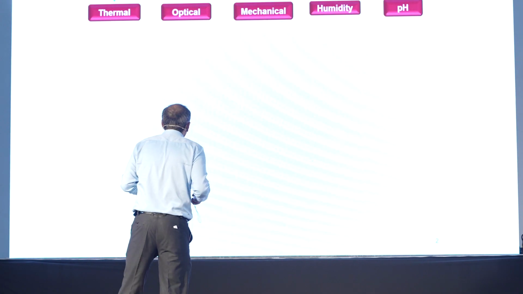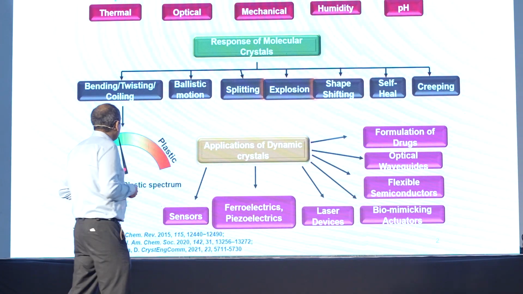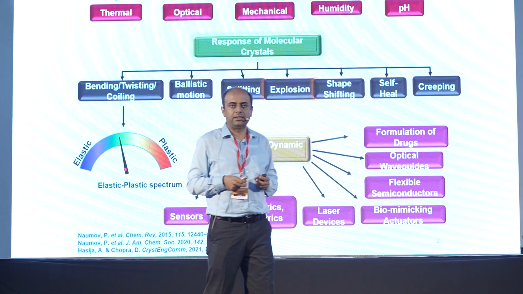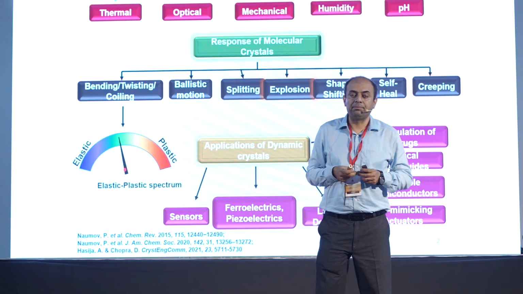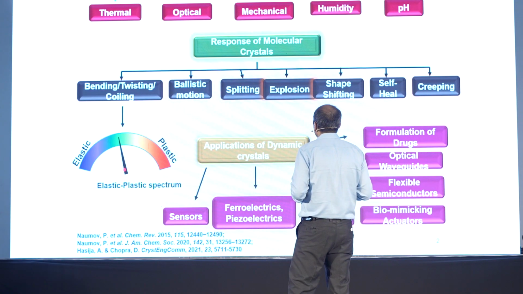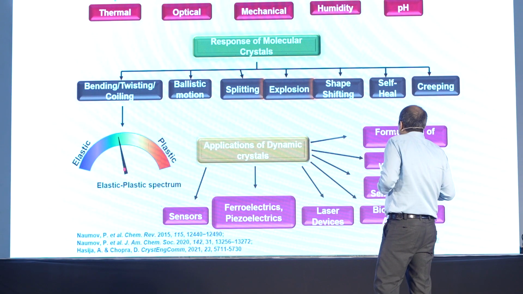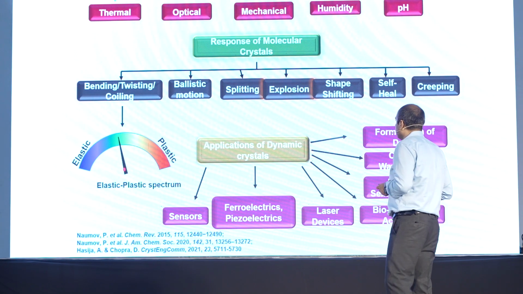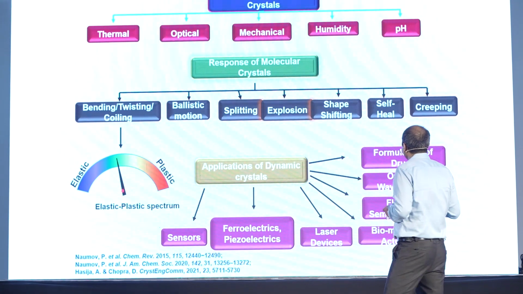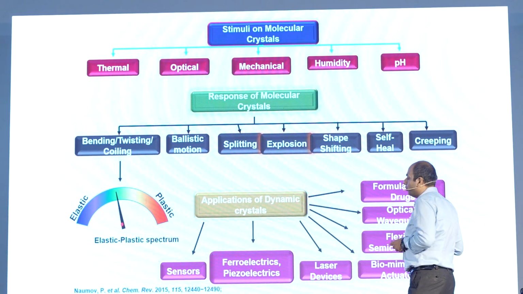So to start with, it is important to look at stability of molecular crystals. When you talk about stability, some of the most important things we would like to expose crystals to are thermal stimuli, for example temperature, optical properties, that means you can shine light on crystals and see what happens, mechanical stimuli where you apply stress on crystals, exposure to humidity and exposure to pH.